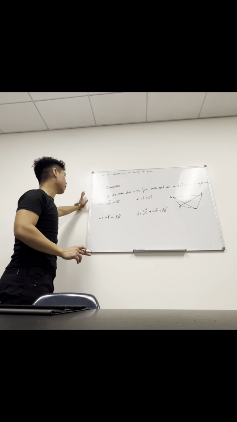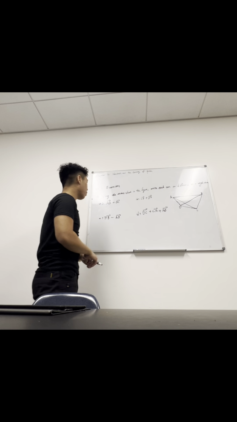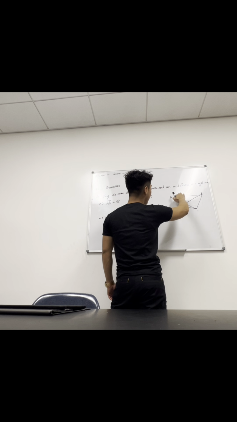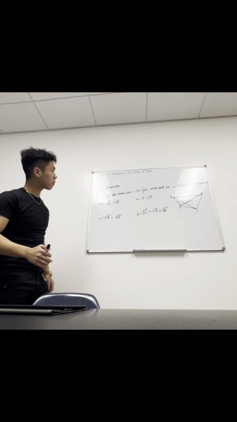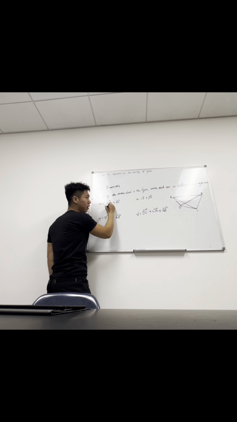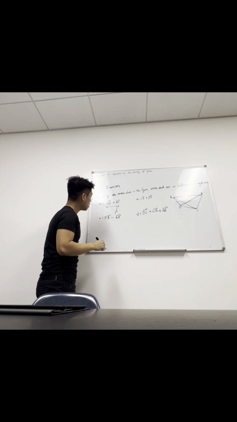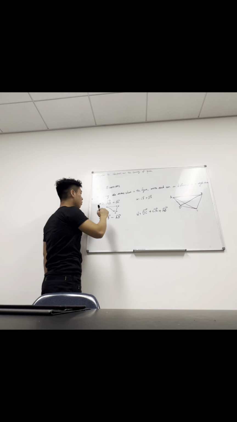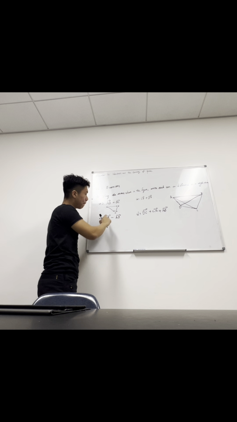We start with question A, AB plus BC. AB is right here, plus BC. So we go from A to B and then from B to C. We write it down: A to B plus B to C. What are we going to get? We get A to C, the line from the initial point to the end point.